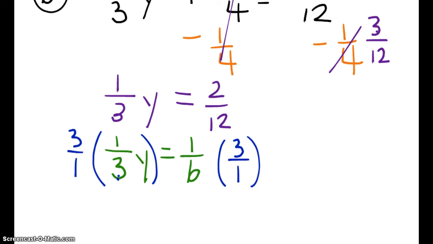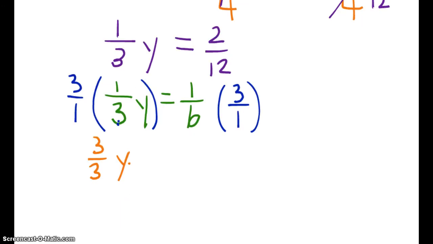Those are reciprocals, so they divide out, 3 over 3, which is just 1 y. So 3 over 1 times 1/3 really just becomes 1, and we're going to leave it as y. So y equals 1 times 3 is 3, and 6 times 1 is 6. So really, y is equivalent to 1/2.